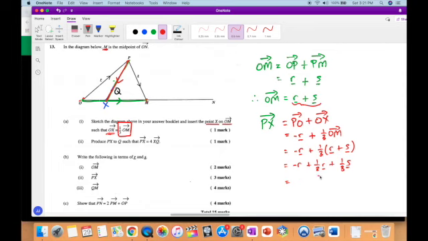Minus 2/3. So now I have 1/3 S minus 2/3 R. And that is PX.